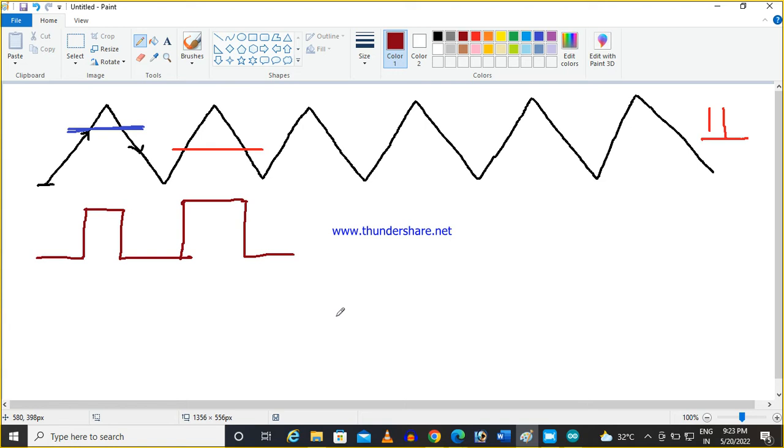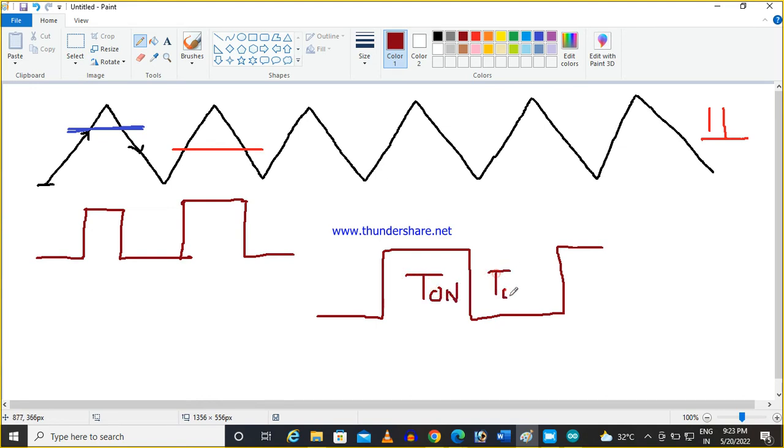Now for a square pulse or any pulse, say this is your T on and this is your T off, and this is your total period. Basically your duty cycle is nothing but T on by T. This is the duty cycle.